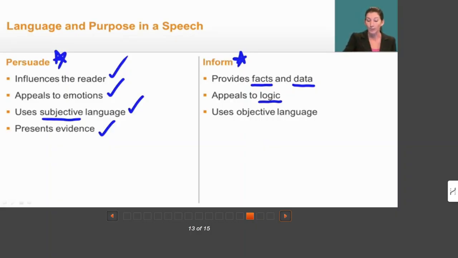Therefore, informative speeches use objective language. Remember, objective language, unlike subjective language, expresses facts. Now, you're going to sort phrases based on whether or not they are persuasive or informative. So keep this information in mind.